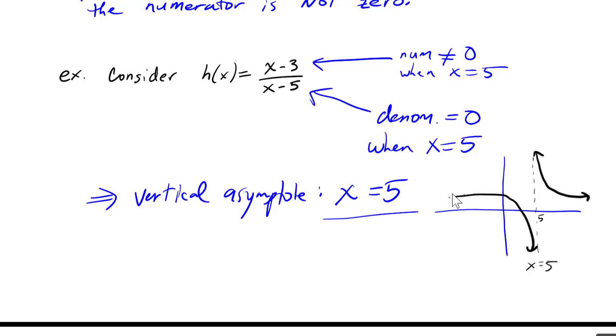All right. And, oops, sorry. And what we're saying is, yes, there's the vertical asymptote at x equals 5. Now, the fact that the numerator is 0 at 3 is actually just this fact right here. A very important fact on its own, but not what we're looking for in this whole idea of vertical asymptotes. So we're focused on the denominator being 0 when the numerator is not 0.